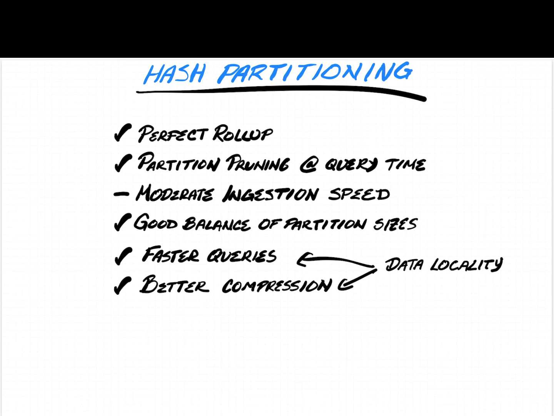If you have a single value of your partitioning dimension, or single combination of values, that is highly skewed, that has a lot more data than other values, you'll end up with some imbalance in the partition sizes. So there's some dependency on the distribution of the data. But in general, it's bringing the data that's the same values together, and because the same values are together and consecutive in a dimension in the columnar structures, it allows for a lot better compression that gives us faster processing and faster queries.